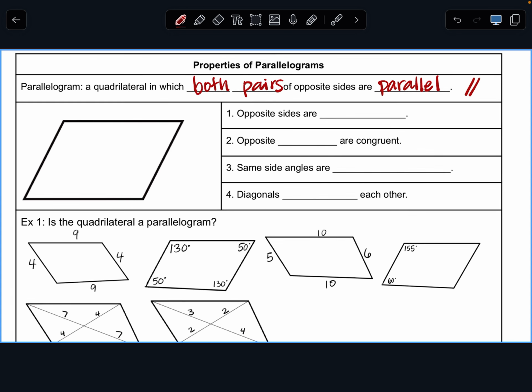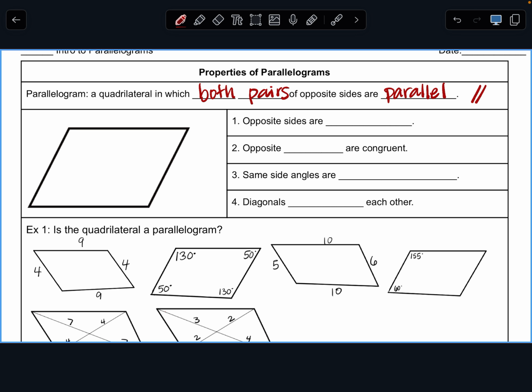So the first property of a parallelogram is that opposite sides are congruent. Congruent is a word we've used a lot lately when we're talking about geometry, whether it's angles or lines. Instead of saying equal, we say they are congruent. And we would see this symbol for congruent.